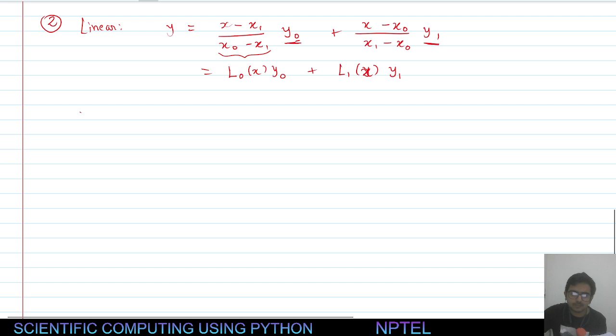Okay, and now for degree n. So if you have n plus 1 points, it means you have an n degree polynomial. And if you have n points, it will be n minus 1 degree. Okay, for example, for 2 points we got a degree 1 polynomial.